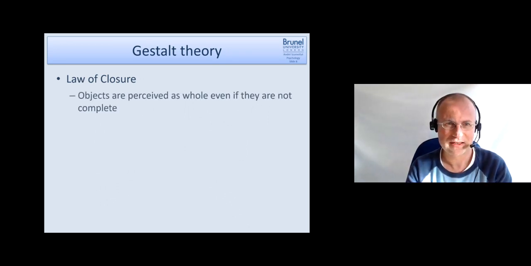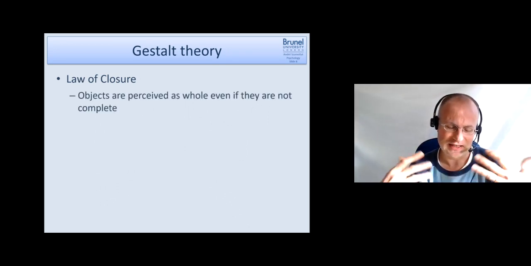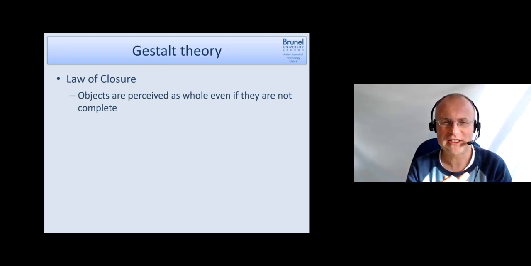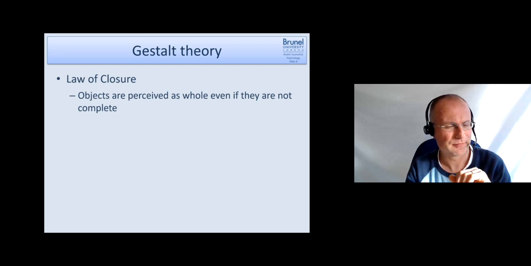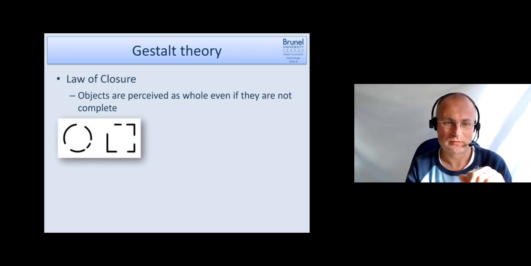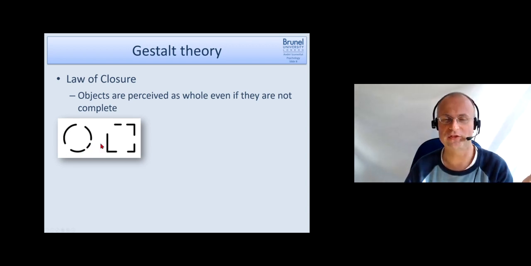Then we have the law of closure. This says that objects are perceived as a whole even if they are not complete. So, examples. Here we don't see separate elements of a circle, but we perceive this as a circle.